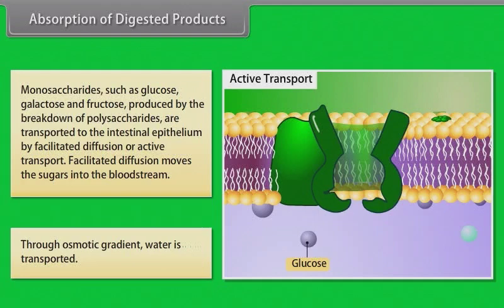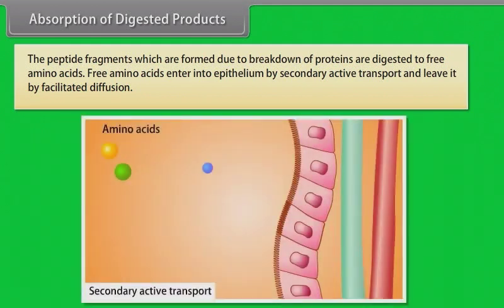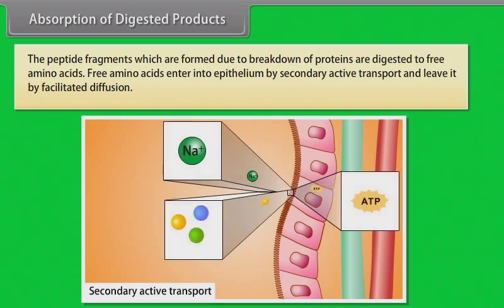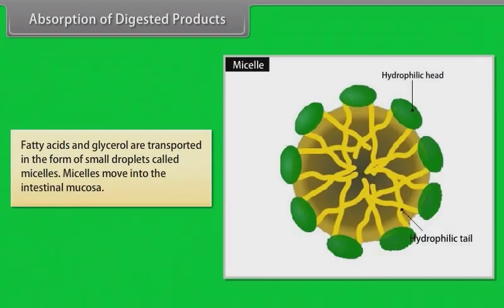Through the osmotic gradient, water is transported. The peptide fragments formed due to the breakdown of proteins are digested to free amino acids. Free amino acids enter the epithelium by secondary active transport and leave it by facilitated diffusion. Fatty acids and glycerol are transported in the form of small droplets called micelles.